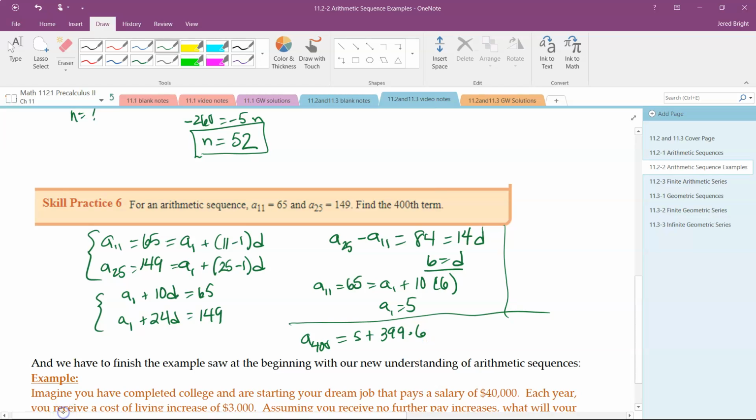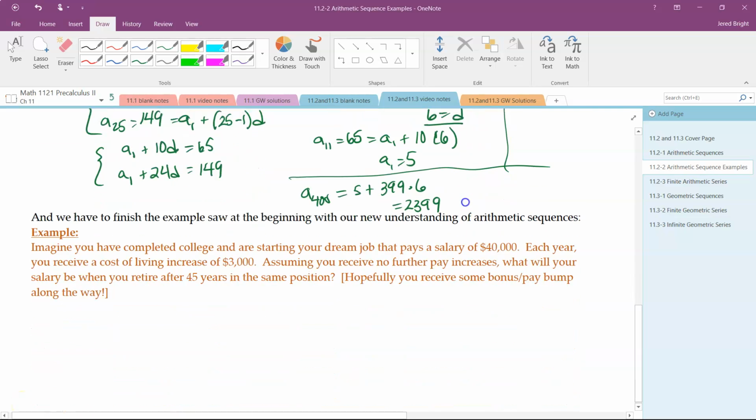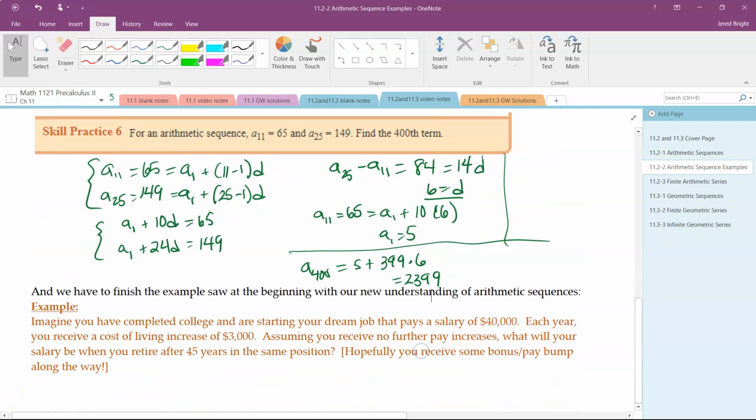If you punch this in a calculator like I'm doing right now, you get a big number. You get 2399. Just to recap, you could do a system of equations, or you can reason through it logically. If you do it correctly either way, you should get the same answer.